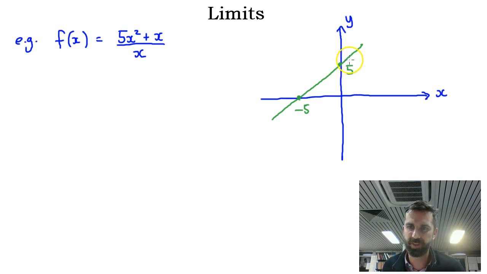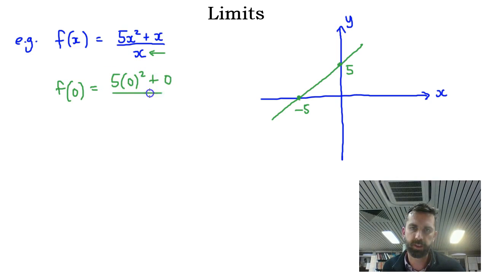But at this point, 5 on the y-axis, this is when x is 0. So this is x equals 0, y equals 5. At that point, x is on the bottom line. So if we substituted in 0, if we did f of 0, we would get 5 times 0 squared plus 0, all divided by 0.